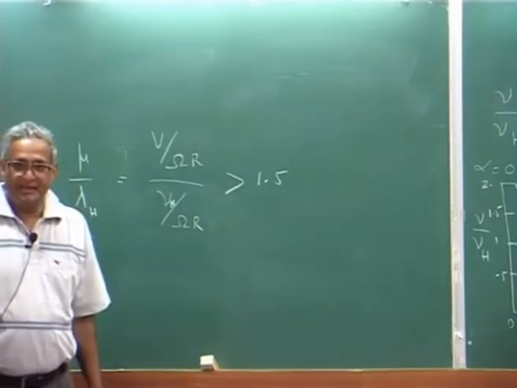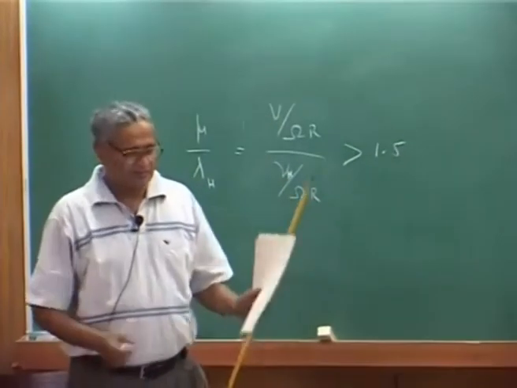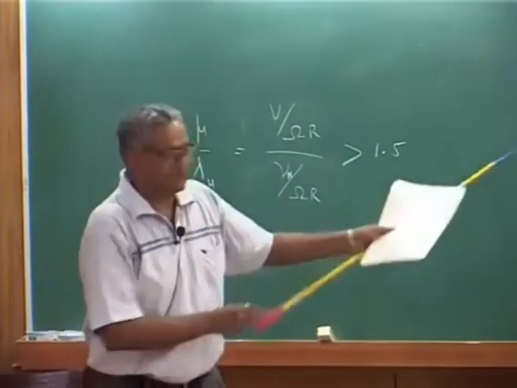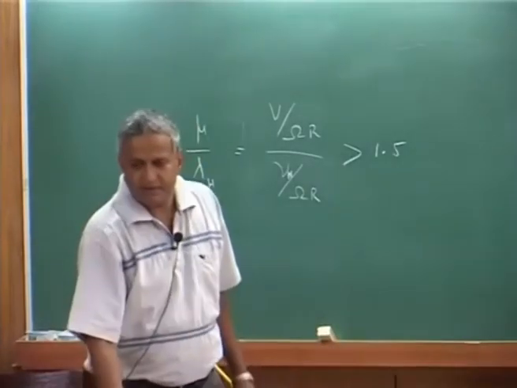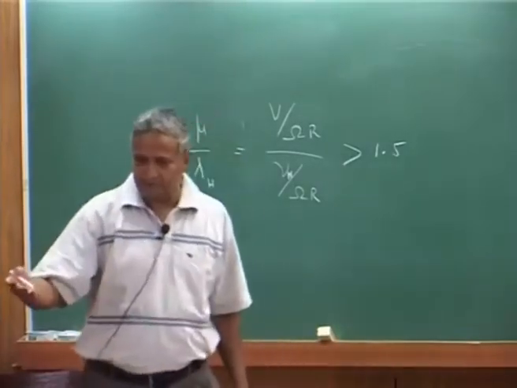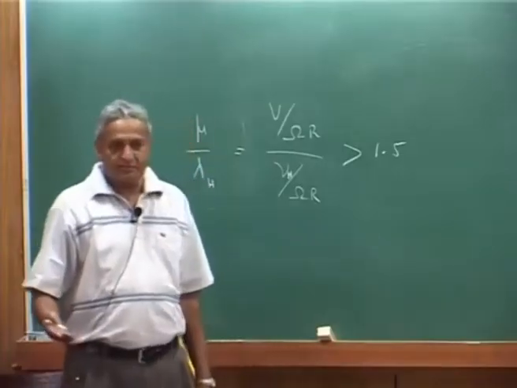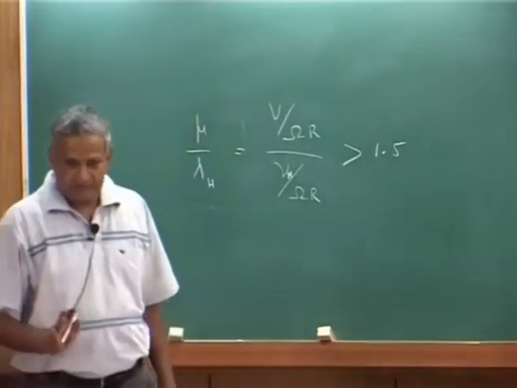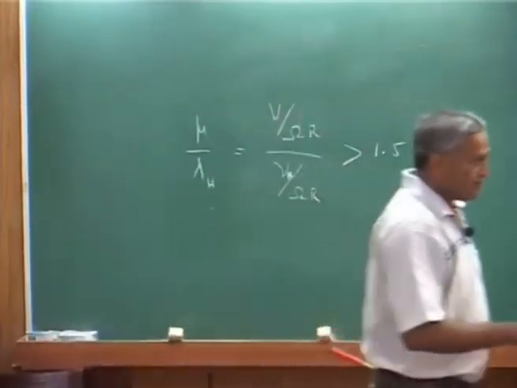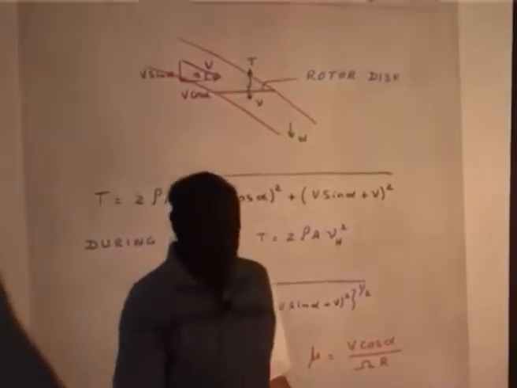Okay. Now, in non-dimensional, usually rather than specifying forward speed, you put it in non-dimensional forward speed, which is in terms of advance ratio, because we defined last time advance ratio is V cos alpha over omega r.